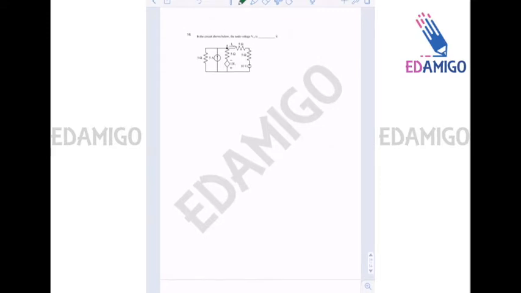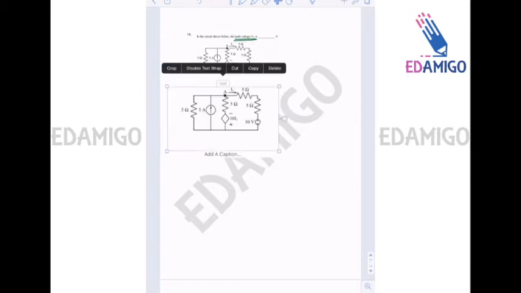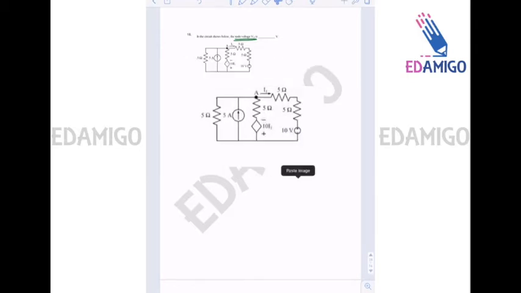So here we have to find the node voltage VA, this one. First of all, I will copy the whole question. Now, we have to find this node voltage.